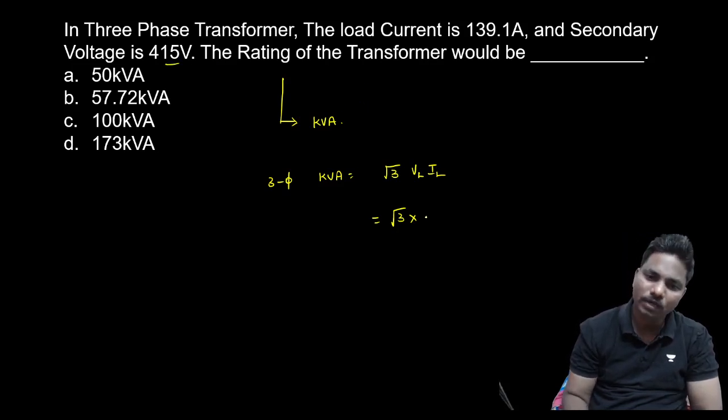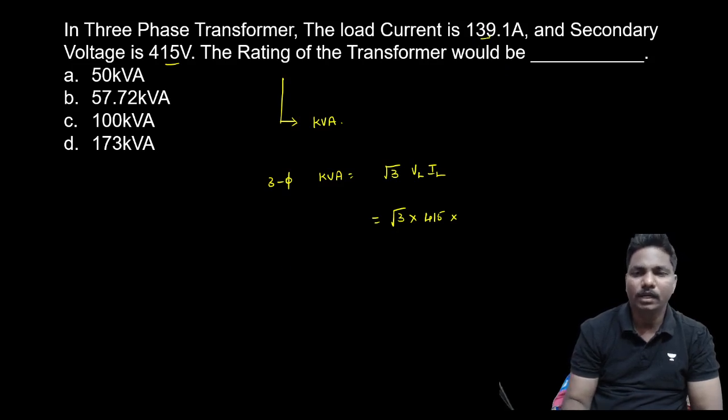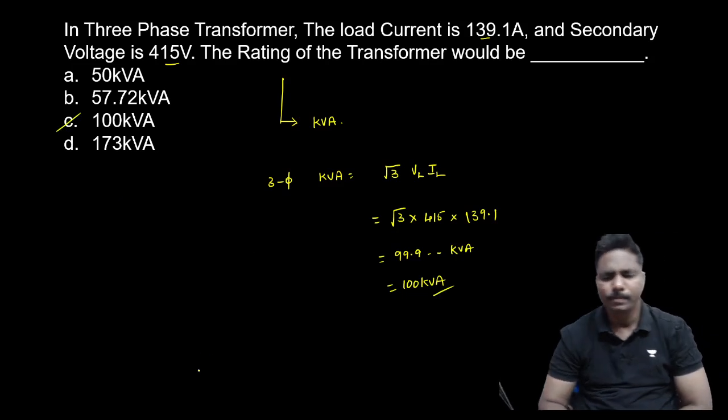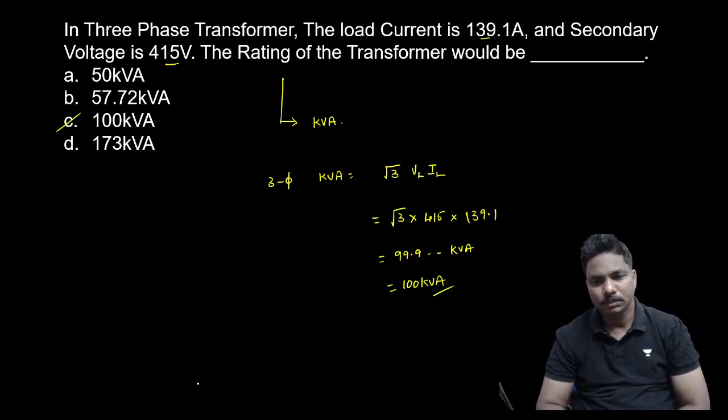Whatever values they have given, that is line voltage only. Here the current is line current, and line current and phase current are both the same in the star connection. So if we calculate, we will get approximately 99.9, that is 100 kVA. So the answer is option.